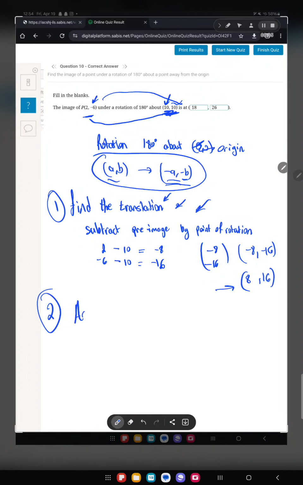Does that mean my point is (8, 16)? No. Now I apply this translation, which means I add it to the point of rotation.